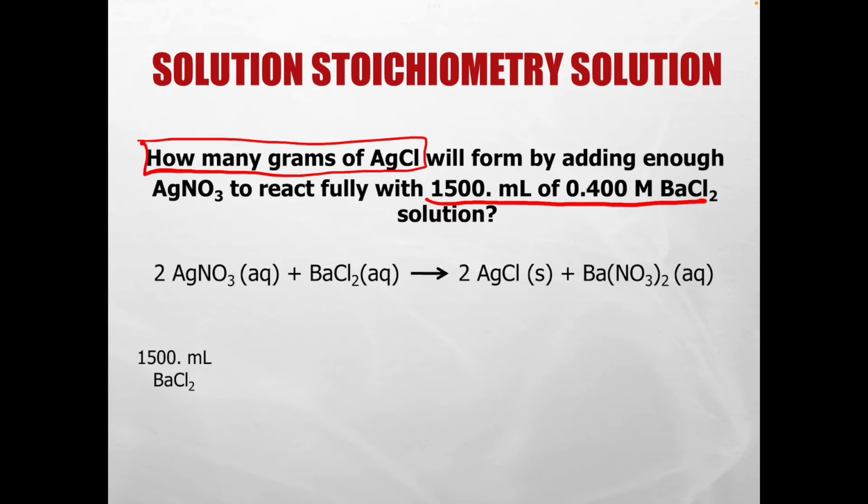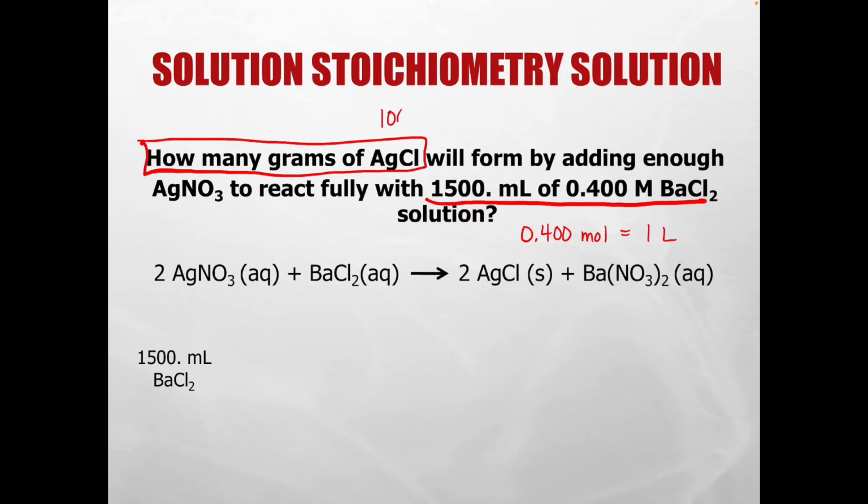In order to use molarity as a conversion factor, we need to have this volume in liters. Because remember, this 0.4 molar barium chloride is going to be 0.4 moles equal to 1 liter. So we can't use that conversion factor while we still have milliliters. So our very first step will be to convert milliliters into liters.